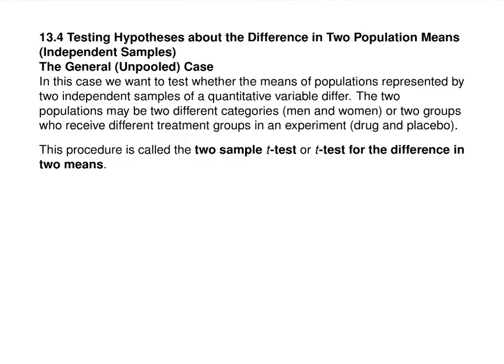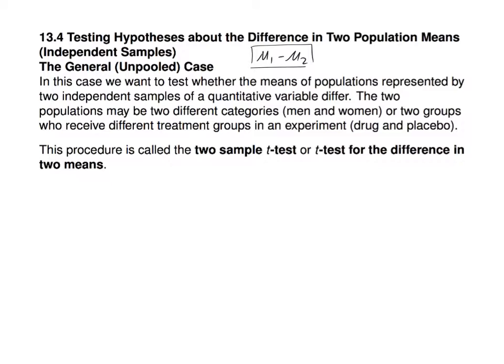So the last hypothesis test we have to talk about is the difference in two population means. So a situation where you care about mean 1 minus mean 2. And after that, we're done with hypothesis tests and we'll review a bit.